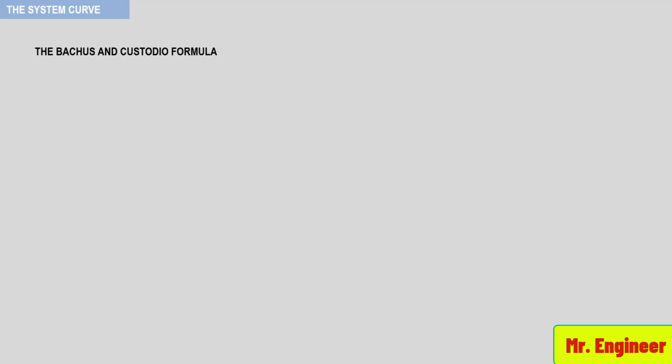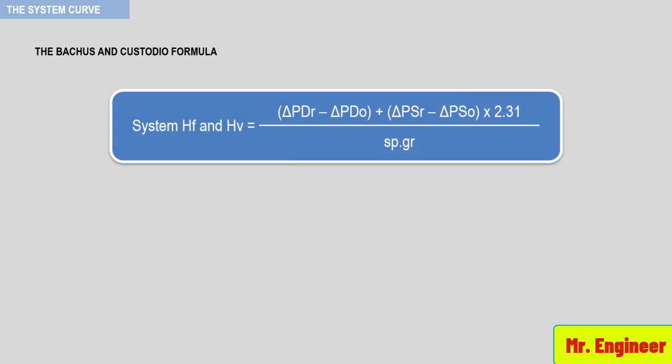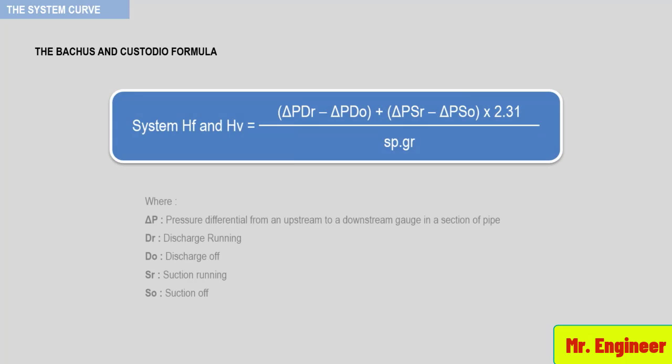The Backus and Custodio formula is shown here, where delta P is the pressure differential from an upstream to a downstream gauge in a section of a pipe. DR is the discharge running, the discharge piping with the pump running. DO is the discharge off, so the discharge piping with the pump not running.